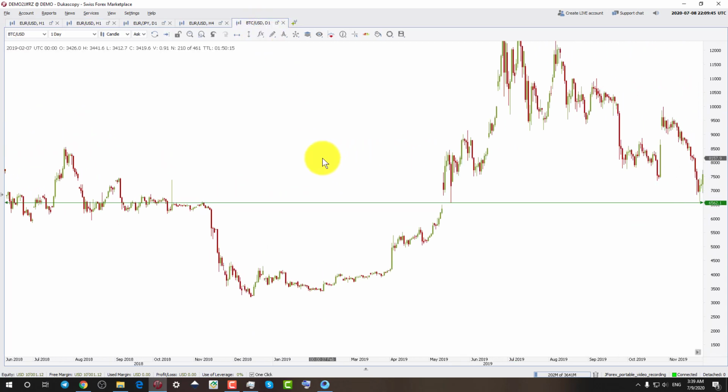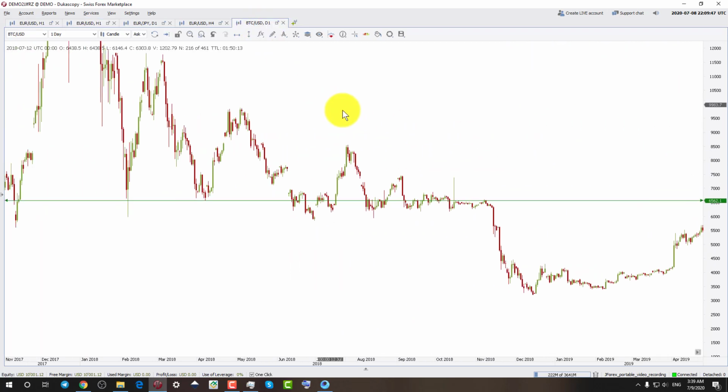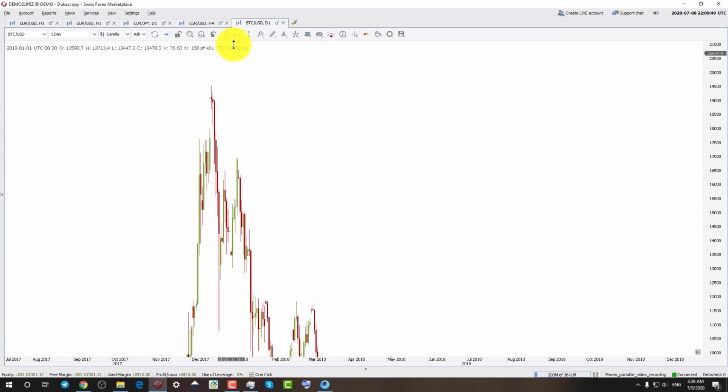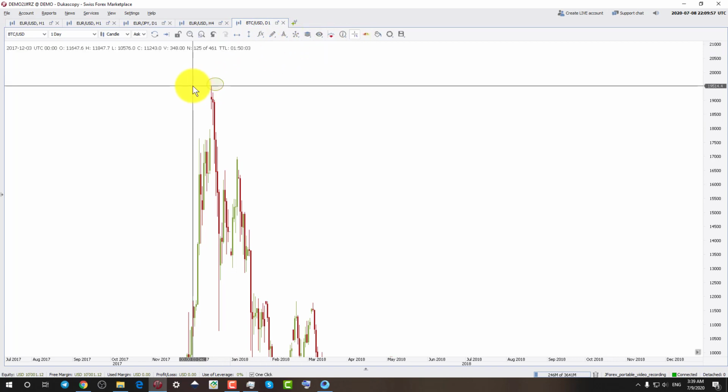Okay friends, this is the daily chart of Bitcoin. If you see from here, the price was approximately $19,514 where Bitcoin was trading.